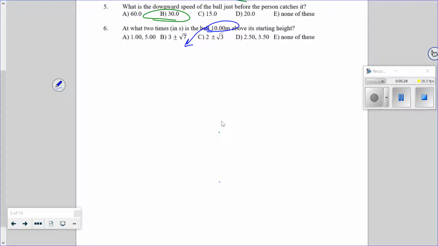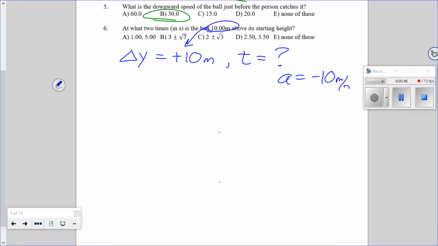What this is really saying is, when your vertical displacement is plus 10 meters from where you started, I'm going to save time by ignoring significant digits here, when that is true, t equals what? We also know the acceleration is 10 meters per second squared downward, and we should have some confidence that v0 equals plus 30 meters per second.